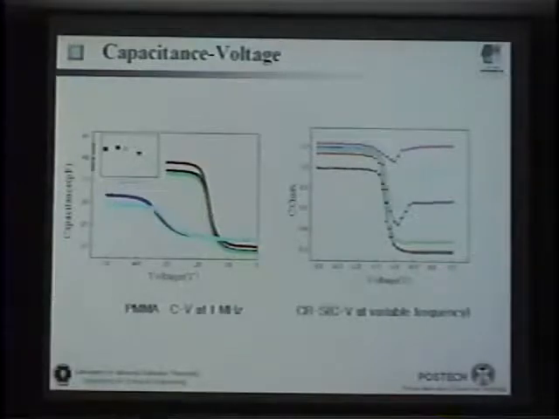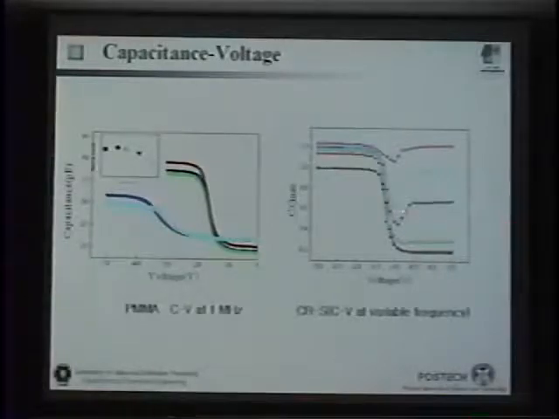But if you anneal the film above the glass transition temperature, it goes up to more than 30 volts. That means we have more mobile charges here. So in this PMMA, the sample annealed at lower temperature shows better properties compared to the film annealed above the glass transition temperature. And we don't know the reason why it happened for PMMA.